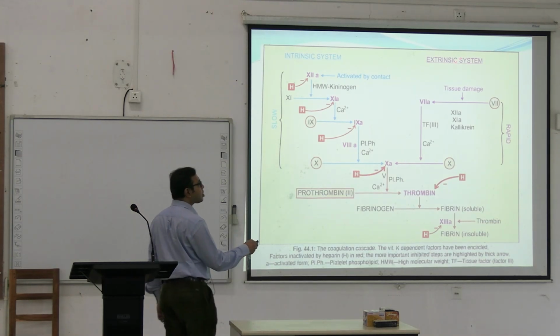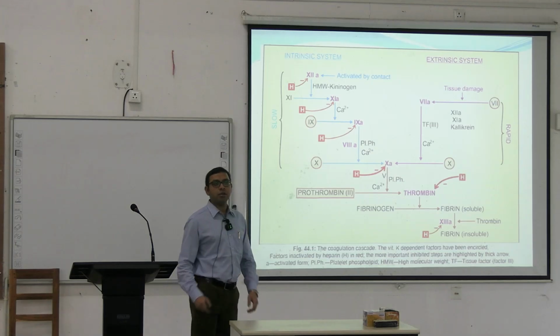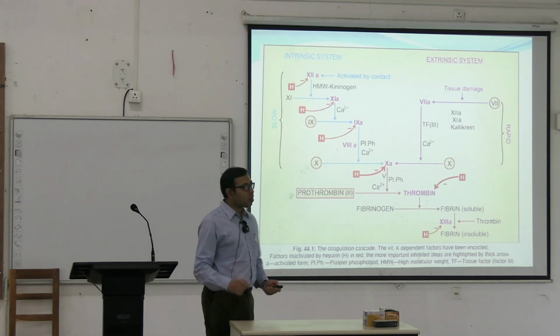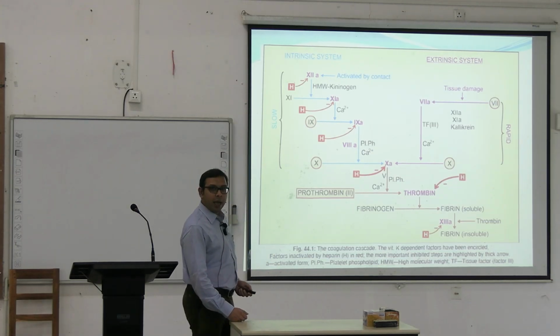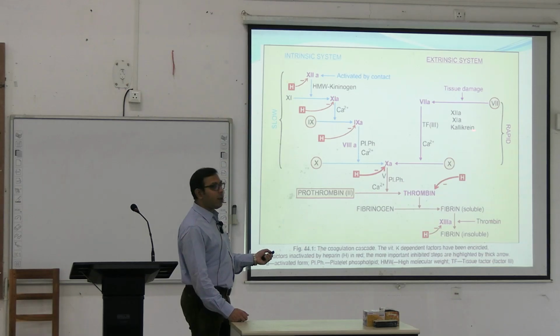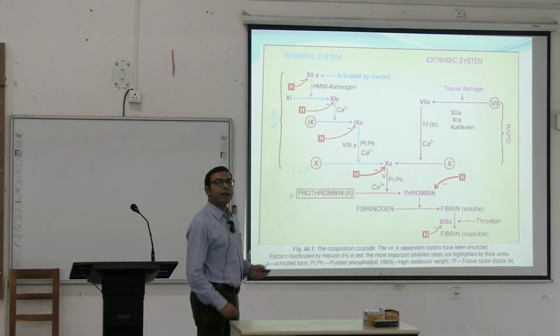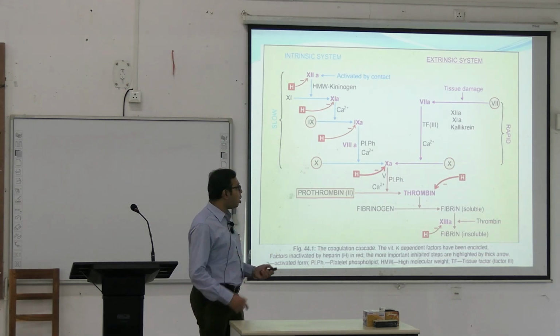So in the extrinsic system, when there is tissue damage, factor 7 is released. It is activated to factor 7A, and in this activation factor 12, factor 11 and kallikrein also play a role.